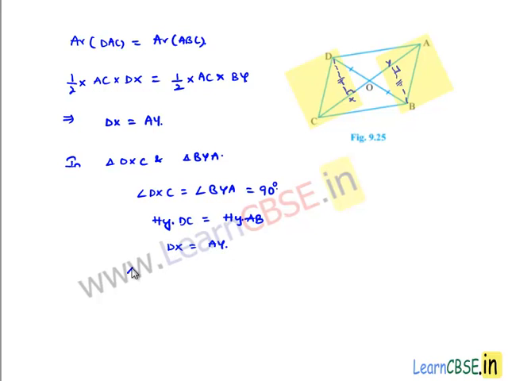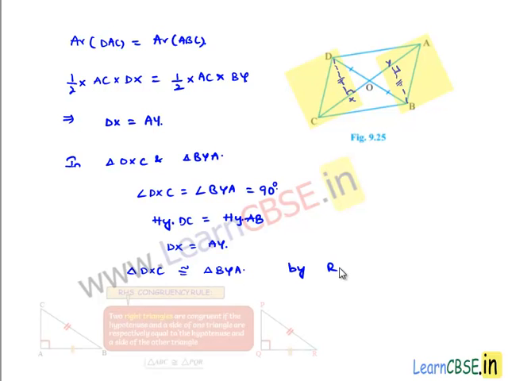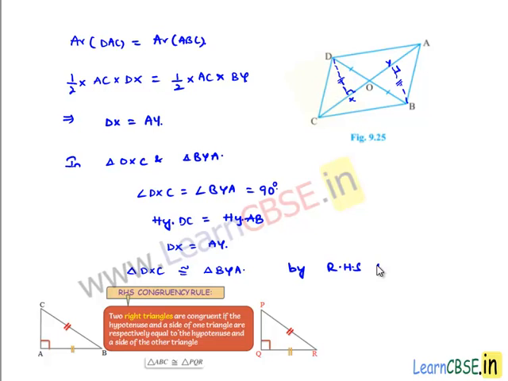Therefore, we can say that triangle DXC is congruent to triangle BYA by the right angle hypotenuse side property of congruency.